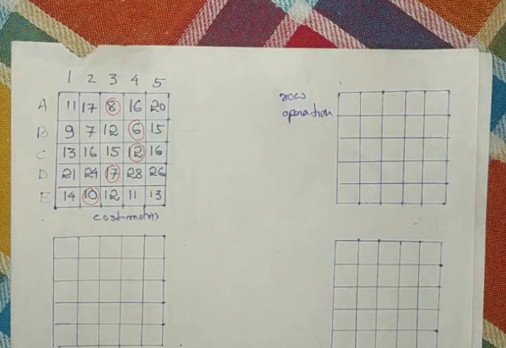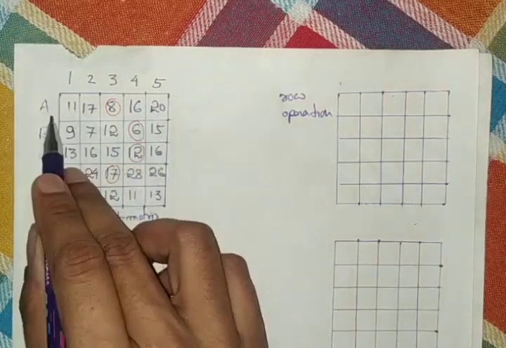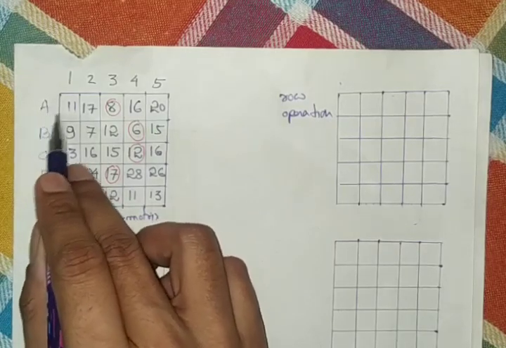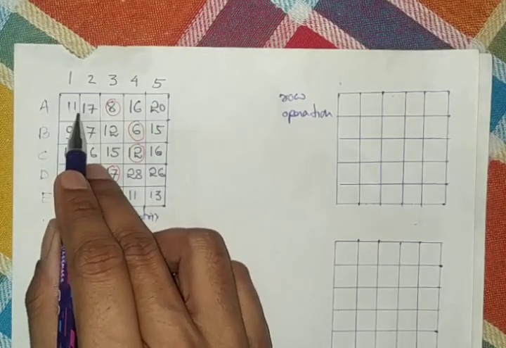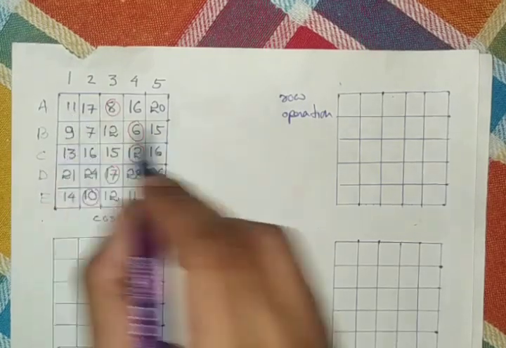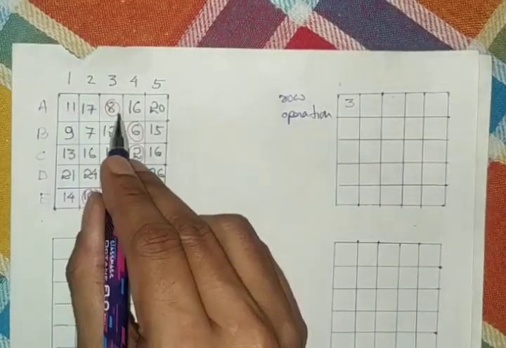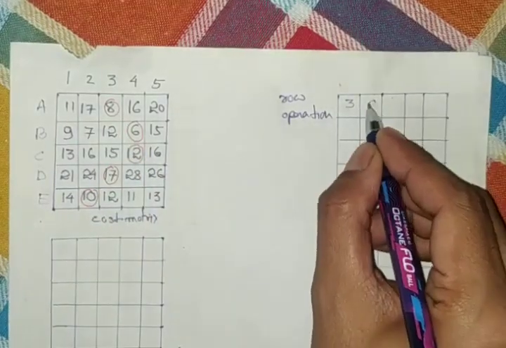Now you have to subtract 8 from all the elements in the row. If you subtract 8 from 11, it becomes 3. 17 minus 8 is 9.